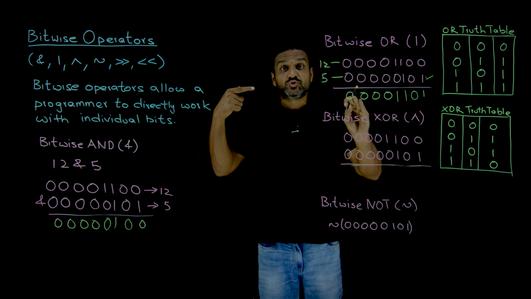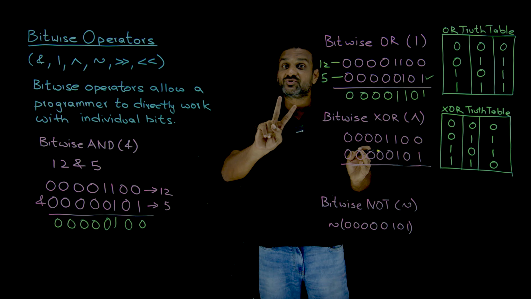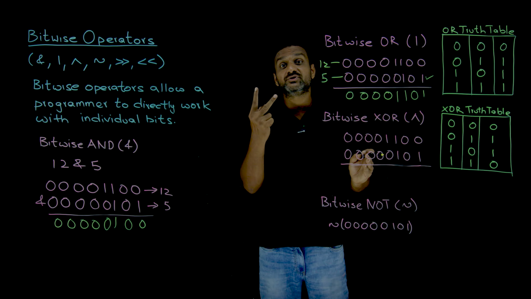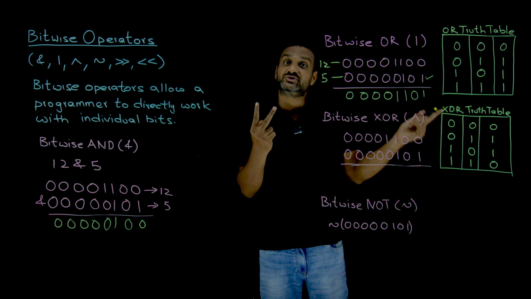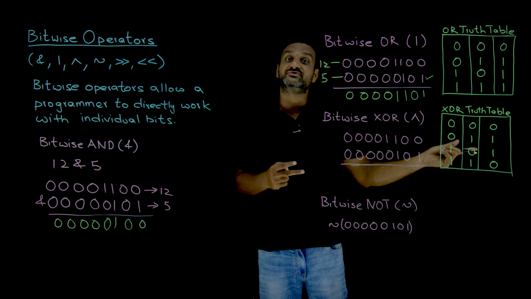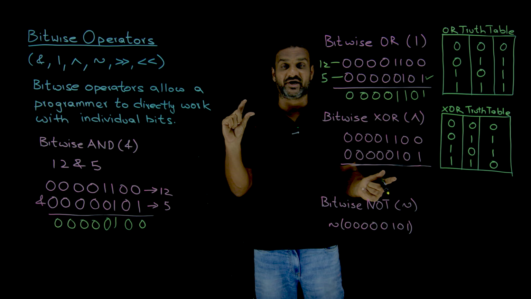If both the bits are different, means one is 0 and the other one is 1, in that case only we are going to get an outcome of 1. So if two bits are different, produce an outcome of 1. If both the bits are same, produce an outcome of 0. So this is a logically very strong point.